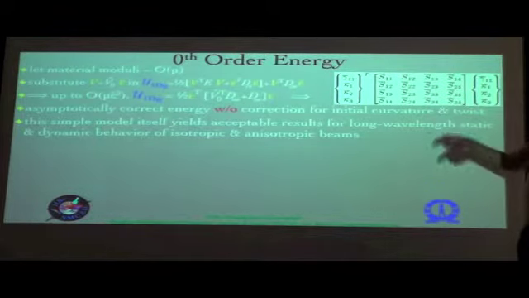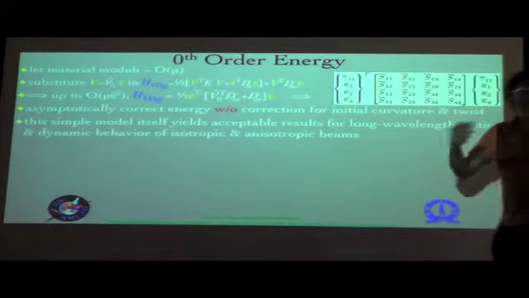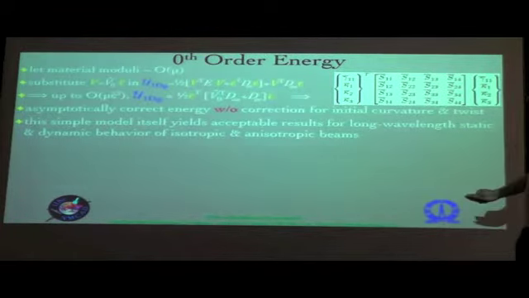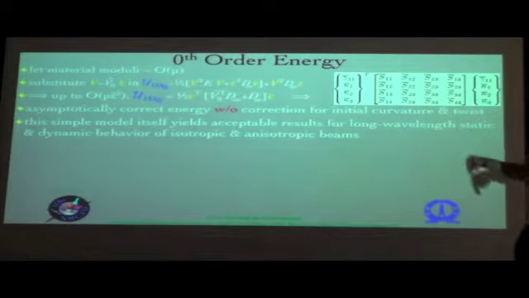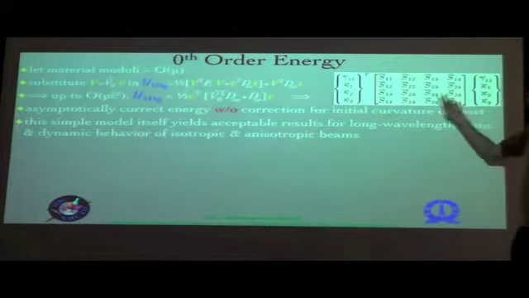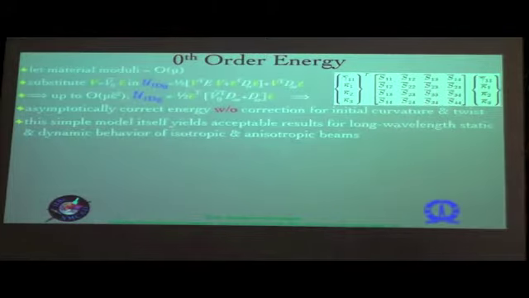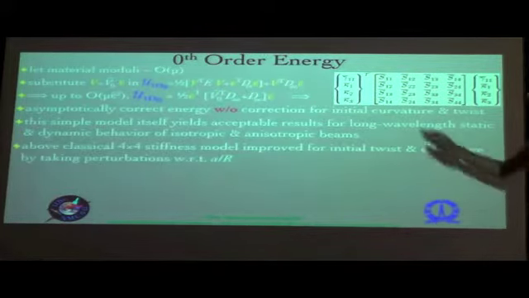But if you want to tackle situations with slightly higher frequency dynamic problems, basically short wavelength problems, then of course we have to go for the next higher order corrections. Remember, this is the most basic solution, the so-called zeroth order energy.